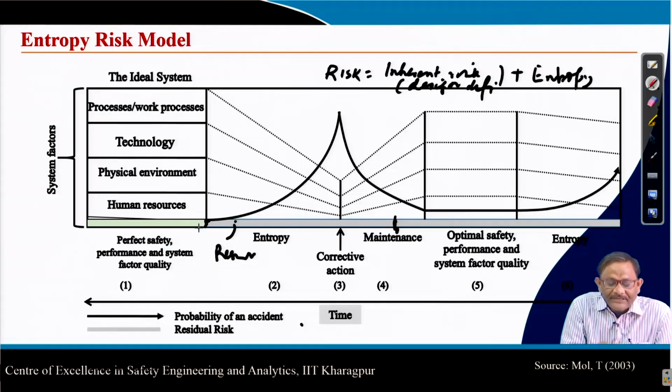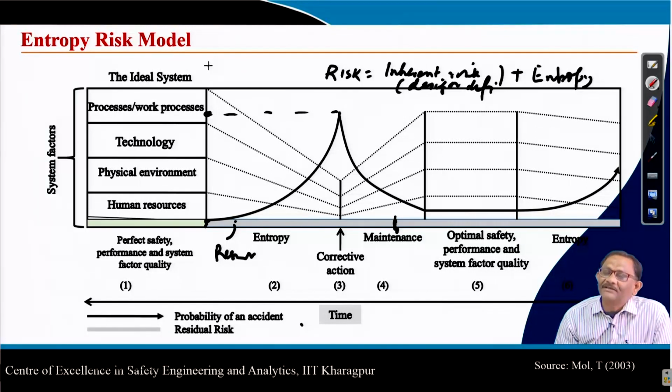Now, as the system components deteriorate over time, entropy risk starts being introduced, and ultimately the entropy risk will increase. After a certain time, maybe the risk level is this much. If this is the risk axis, this risk level is a point where some accident or undesired incident will take place.